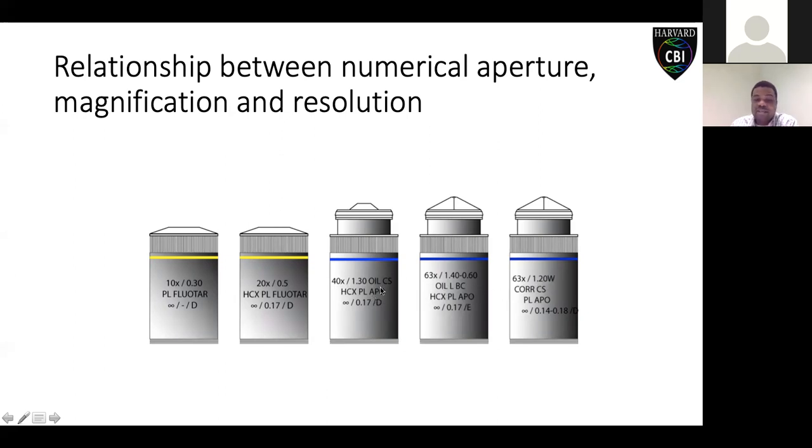And this is something that a lot of people find difficult to accept because of the traditional concept that the higher the magnification, the better the resolution. Therefore, in thinking about your resolution, it is always important to look at the numerical aperture of that objective and let that guide you in determining the resolution.